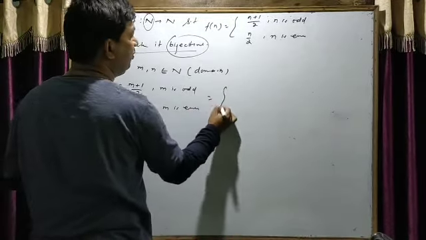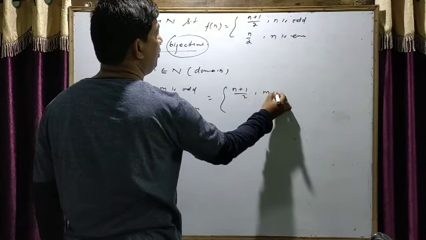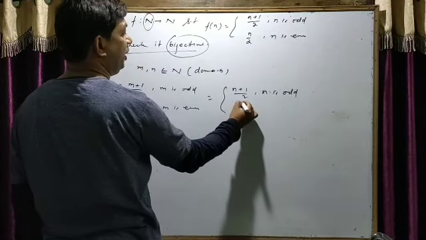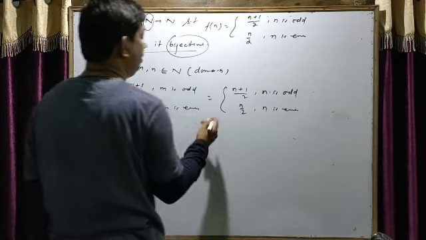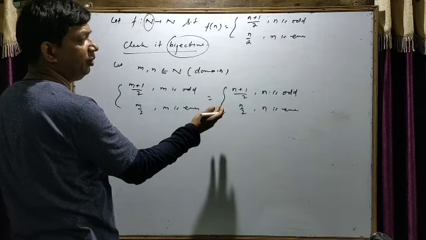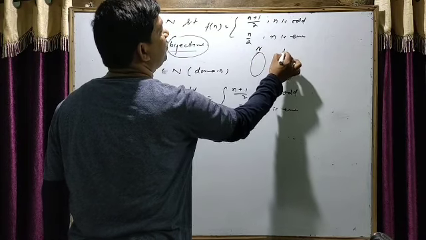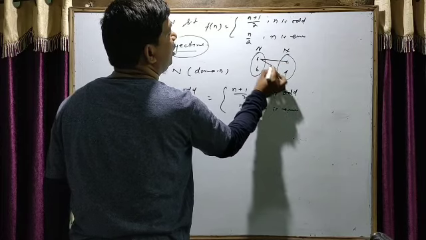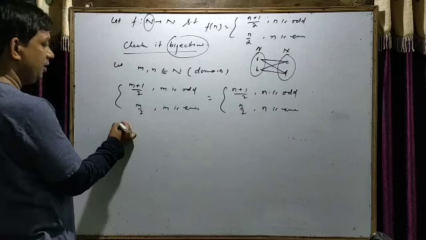On this side, f(n) is (n+1)/2 if n is odd, and n/2 if n is even. So two things this side, two things this side, means we have four options: a, b this side, c, d this side. So a is related to c, a to d, b to c, b to d. So we have four cases.